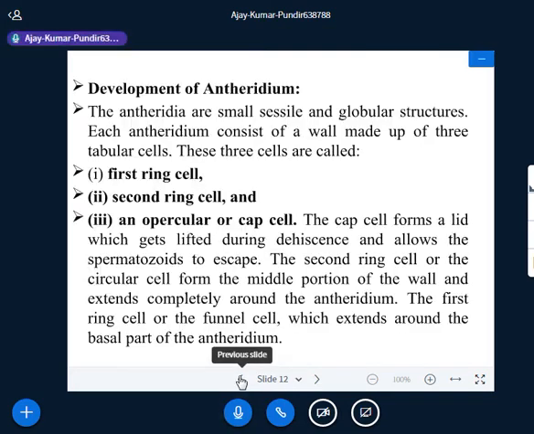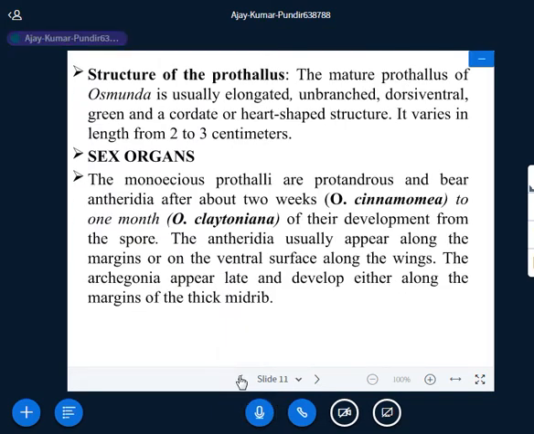Now I will discuss how the antheridium and archegonium develop on the prothallus, on the gametophyte. As you know very well, the spores develop within the sporangium. After dehiscence, they fall on a suitable substrate and germinate, and during the germination of Osmunda, the transverse wall division takes place.